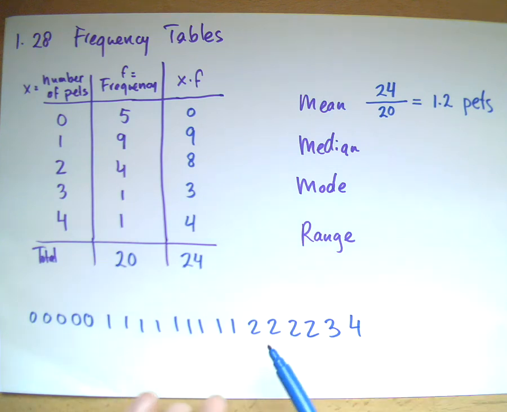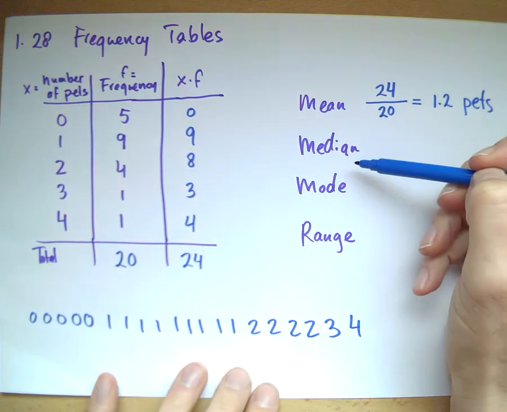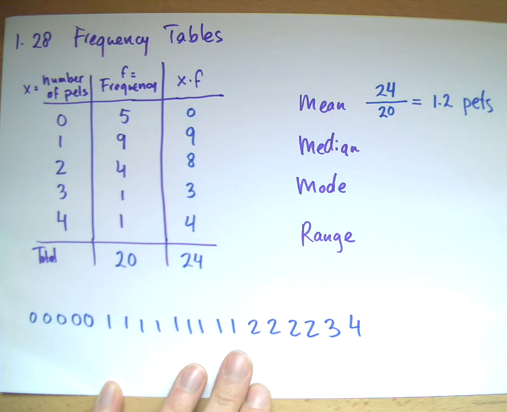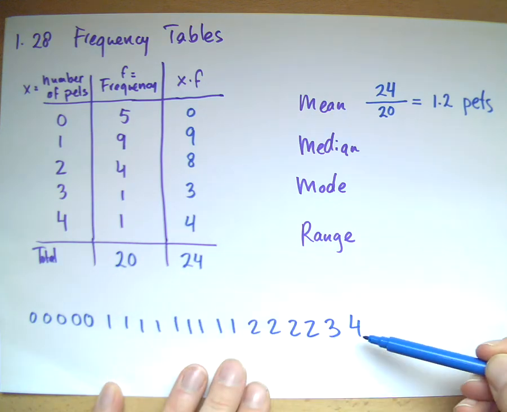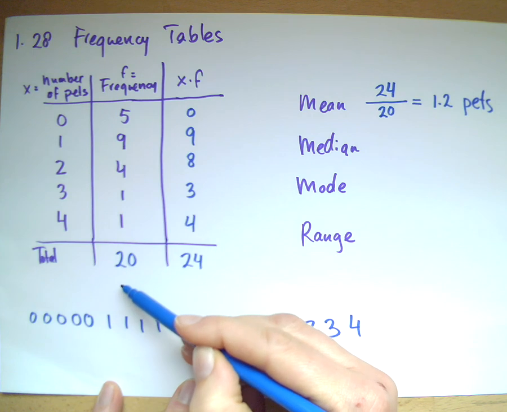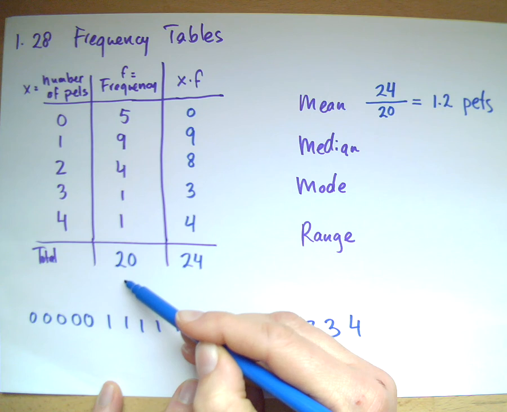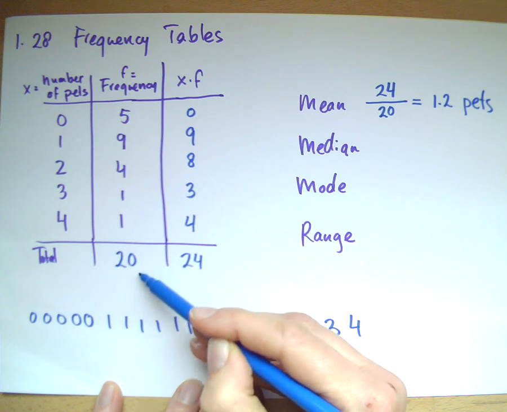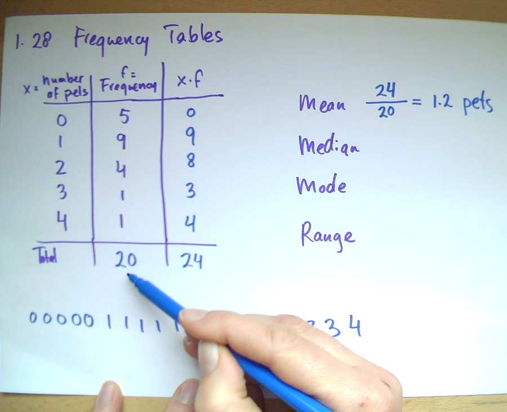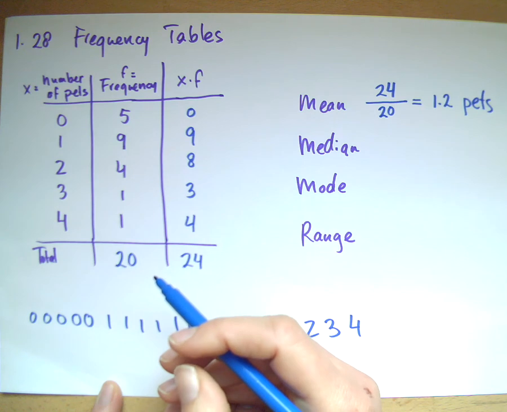But if we wanted to not write this out, we need to know which of these 20 values is the middle value. If you've got a total of 20 numbers, which number is going to be in the middle? Is it going to be the 10th number? Is it going to be the 11th number? If you divide 20 by 2, 10 would be in the middle.